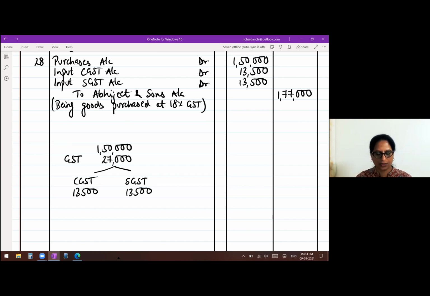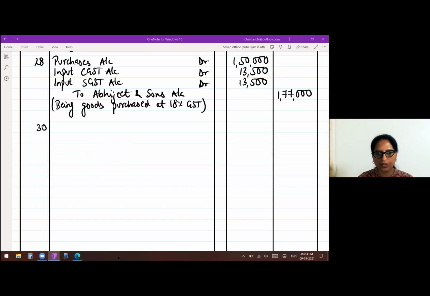Now look at the next transaction. Paid to Abhijit and Sons and received 10% cash discount by check. Now you had purchased on credit, so we didn't pay that amount of 1,77,000. So now you are making a payment. But when you are making the payment, you are getting a discount.